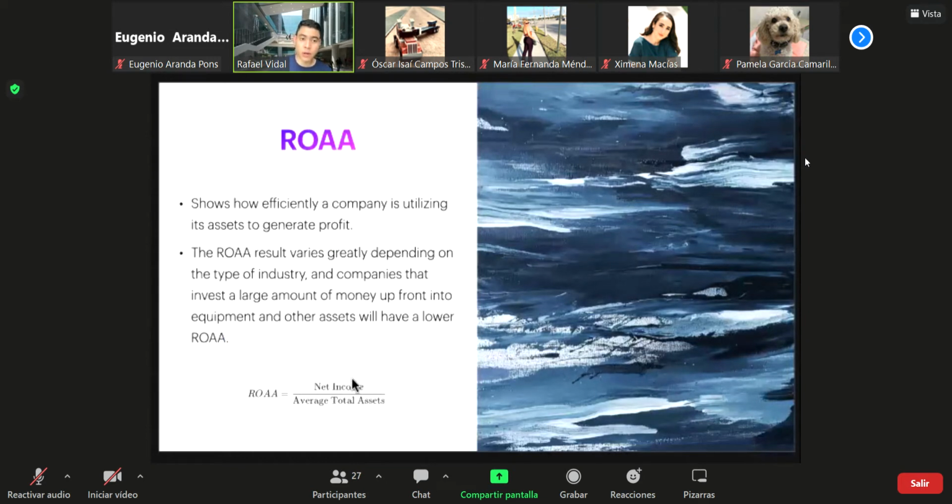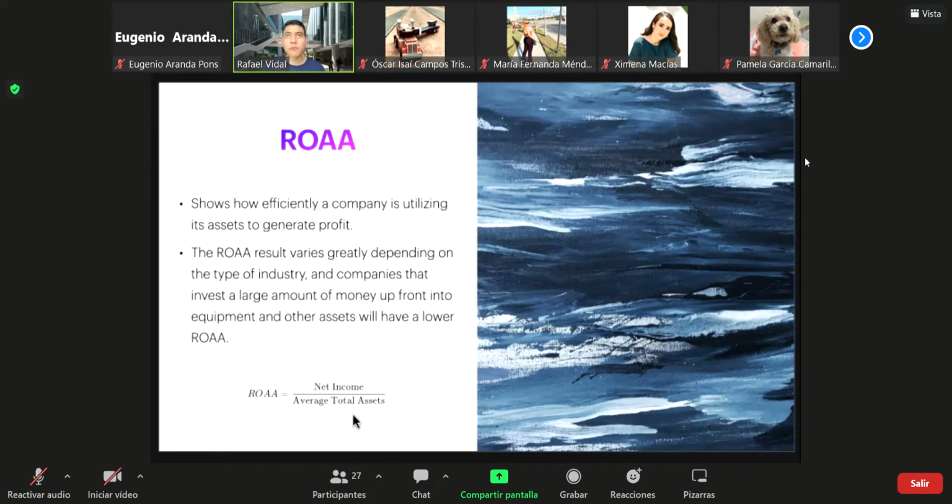In the upper half, we have net income, and on the bottom half, we have the average total assets. If you remember the profit margin, you can read this ratio in somewhat the same way. It shows how efficient you are at using your assets to generate income. If this number is really low or really high, that has a meaning to it.